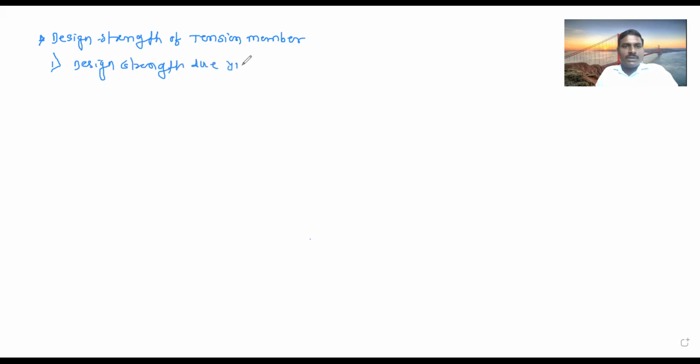Again, I will brush up with the design strengths of the tension member. First design strength is due to yielding of cross section.